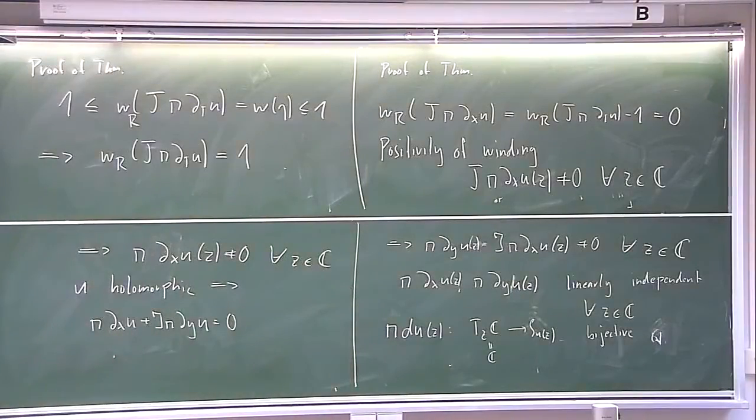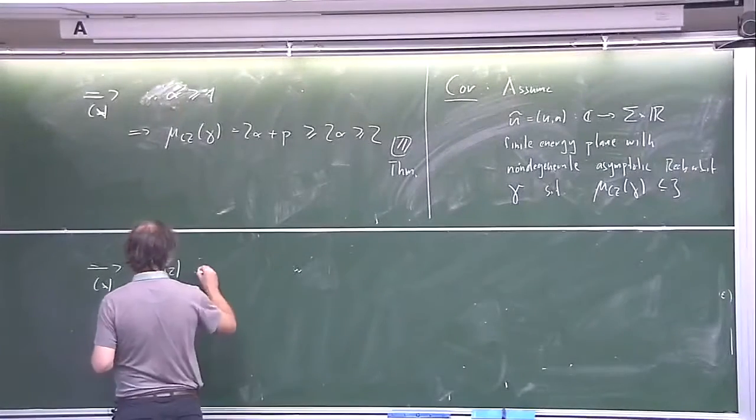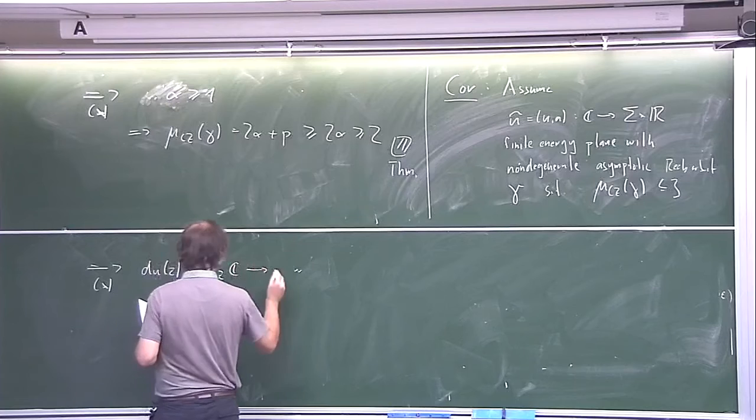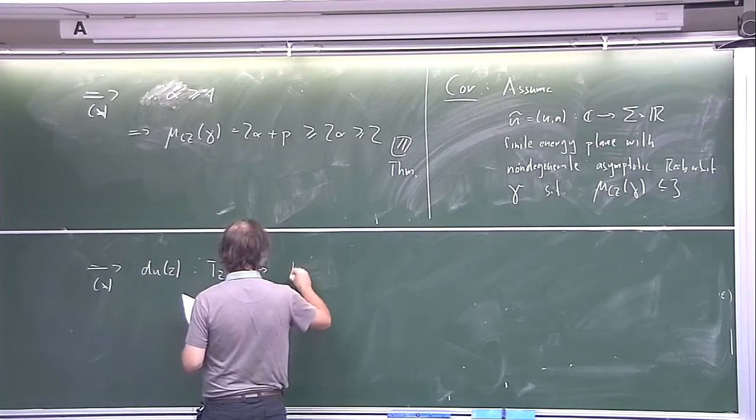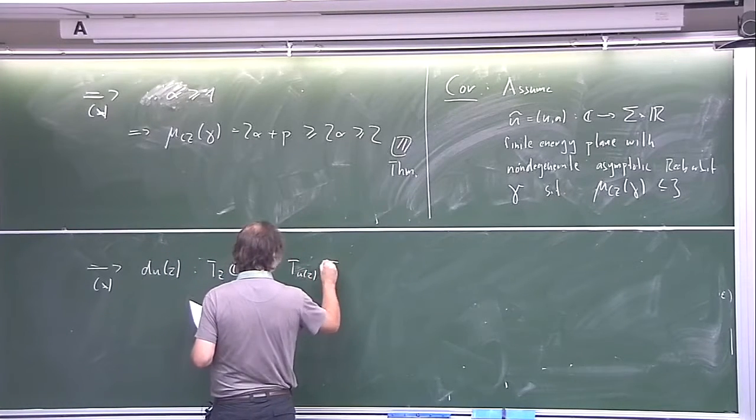So now du(z) goes from T_zC to T_u(z) of sigma.